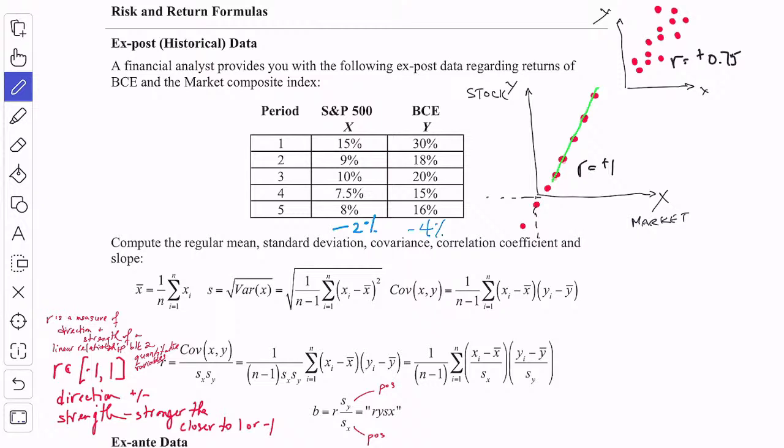All right, so my next question to you is, what is the slope? B is the slope of that prediction line of the data. So what is the slope for X and Y in this case, BCE and the market returns?